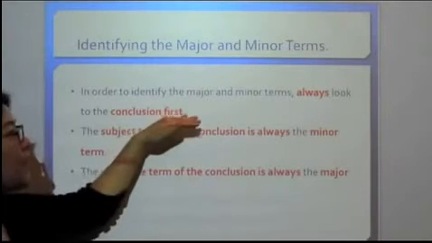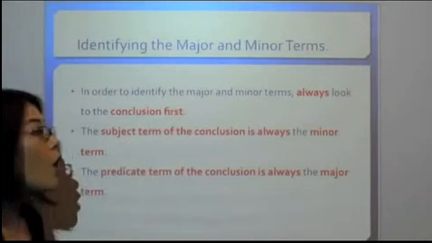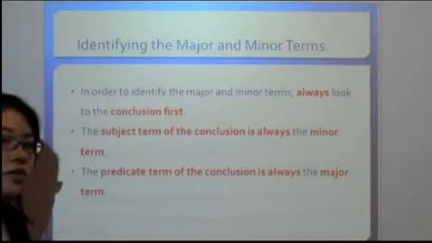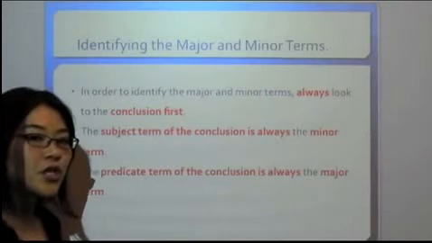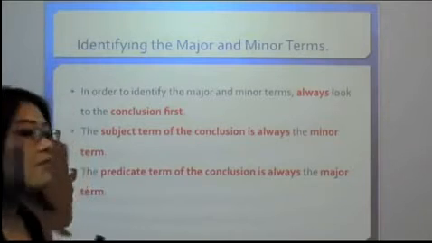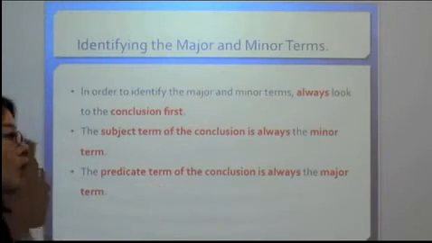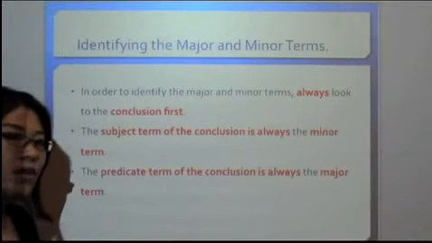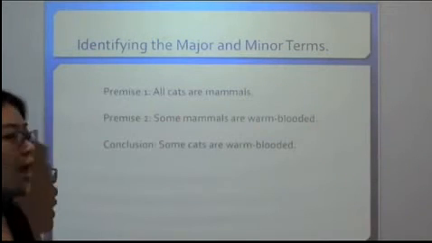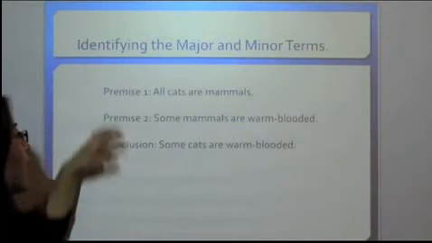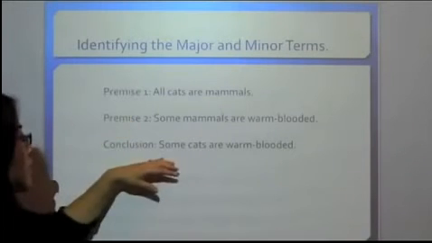In order to identify the major and minor terms, always look to the conclusion first. The subject term of the conclusion will always be the minor term of the argument, and the predicate term of the conclusion will always be the major term of the argument. Here we have the argument where we have identified the specific premises and the conclusion.